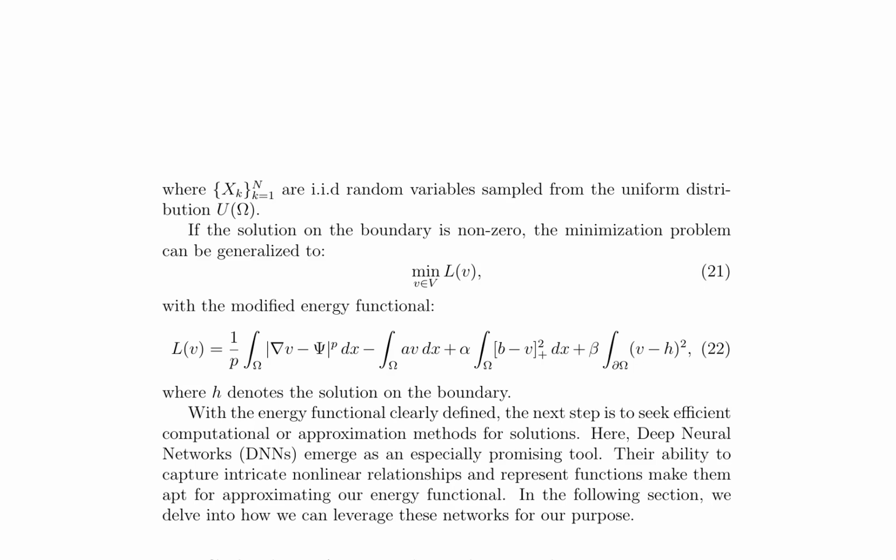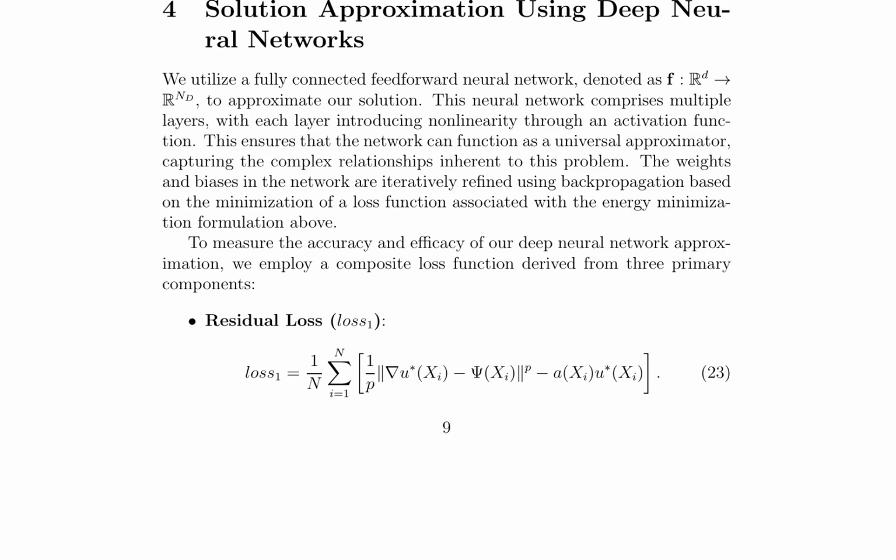To approximate the solution, a fully connected feed-forward neural network F: R^d → R^n is employed, comprising multiple layers with nonlinear activation functions to capture complex relationships. The network's weights and biases are refined iteratively using backpropagation to minimize a loss function derived from the energy minimization formulation.